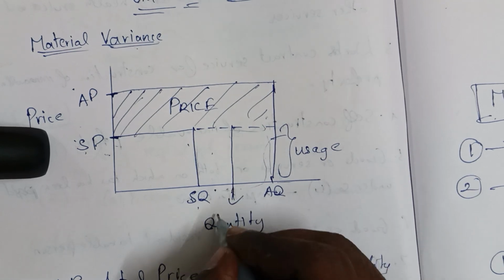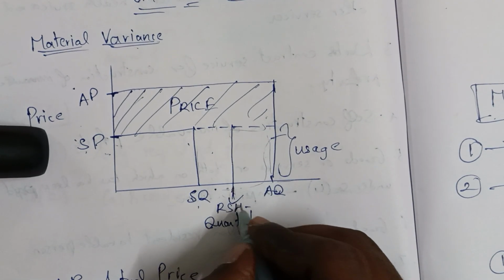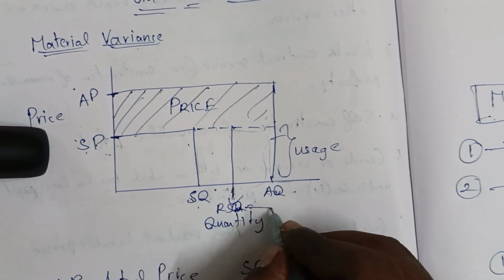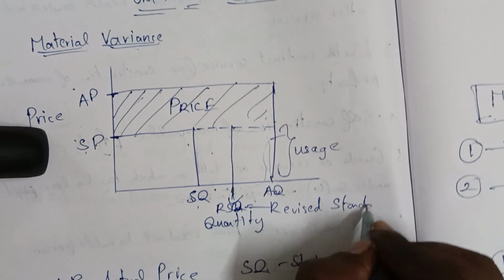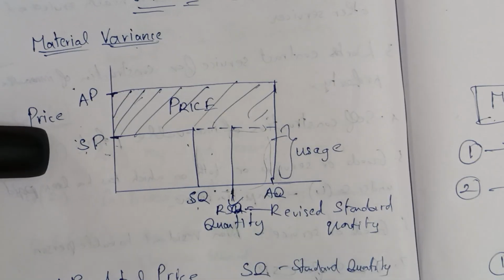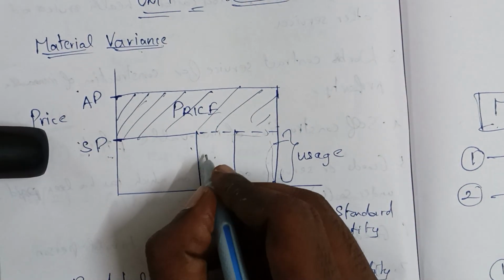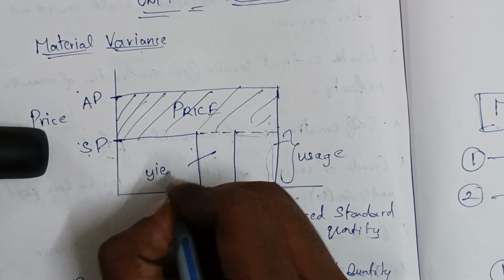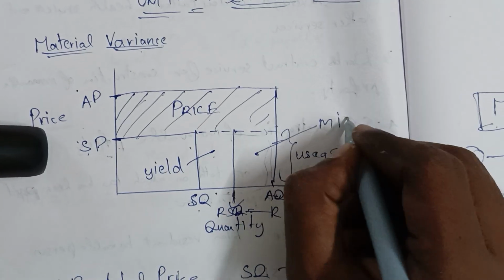This line is called RSQ, revised standard quantity. Now this first part is called yield. The second part is called mix.